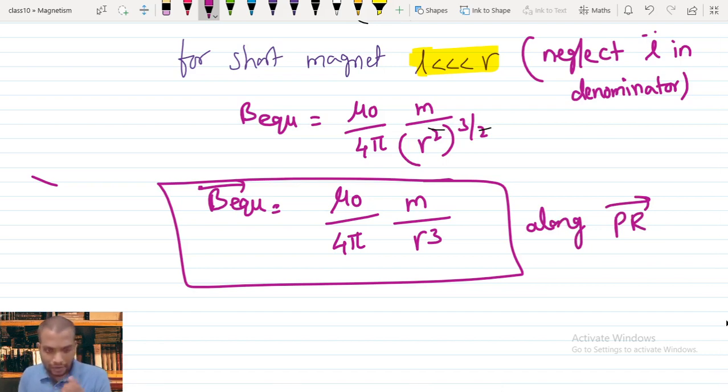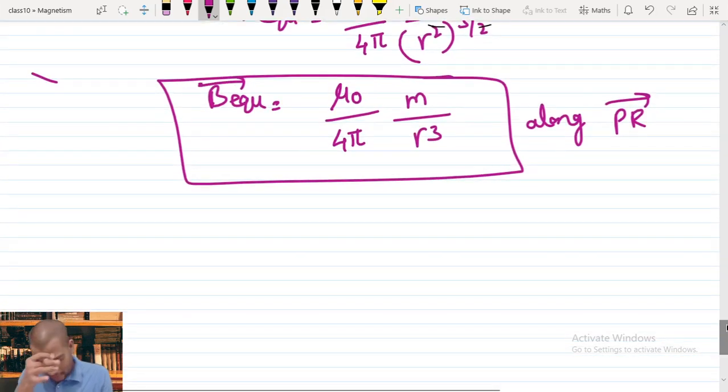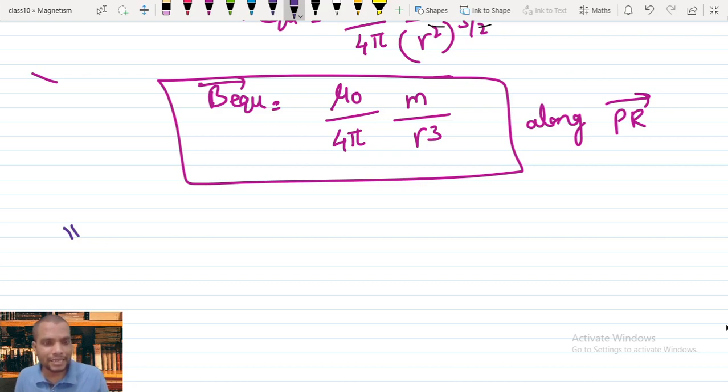What it means is that the magnetic field at any equatorial point of a magnetic dipole is in the direction opposite to its magnetic dipole moment. Always we are linking with the magnetic dipole moment. If we take the magnetic dipole moment as a standard, whatever we express we can represent, or make a comparative study against it. So that's easy to understand also.